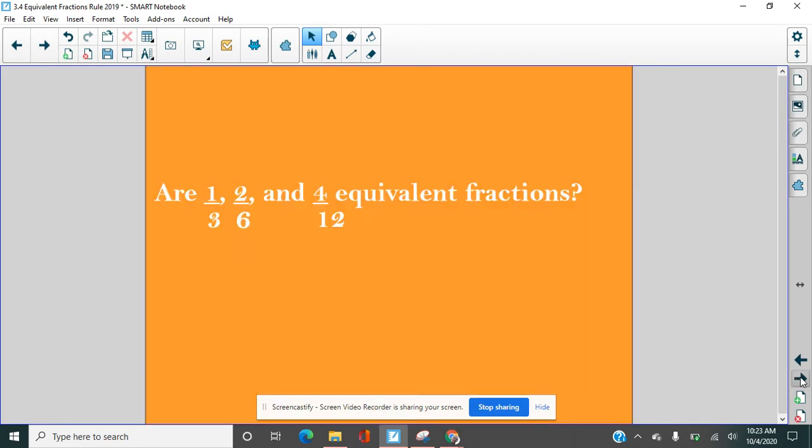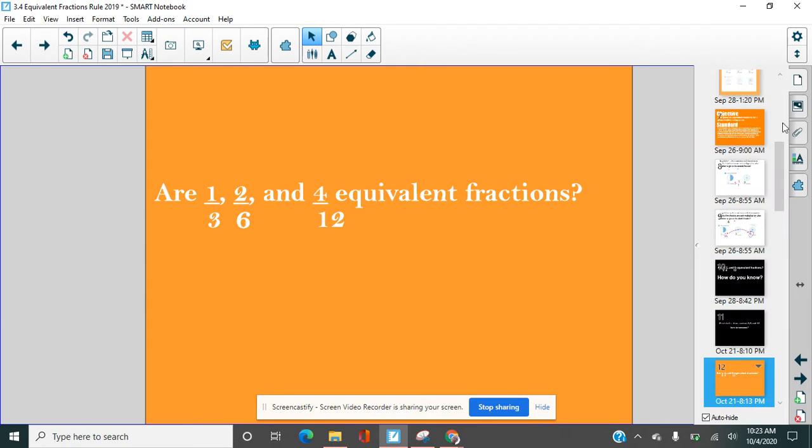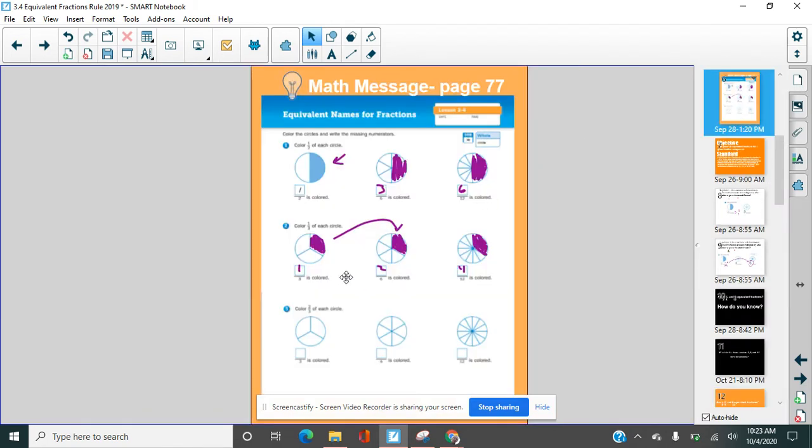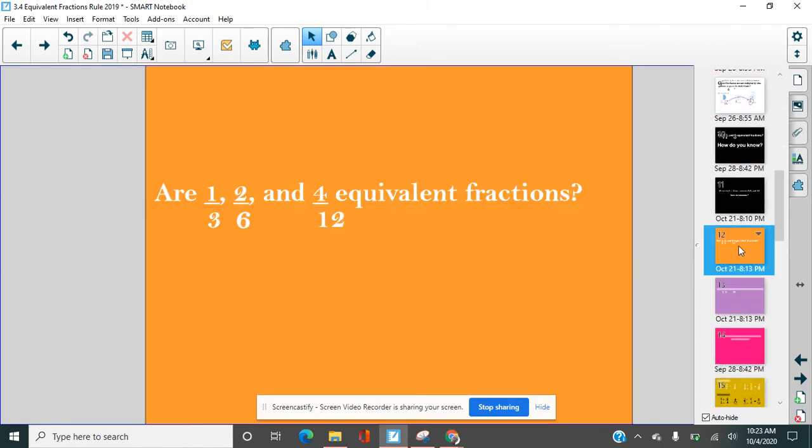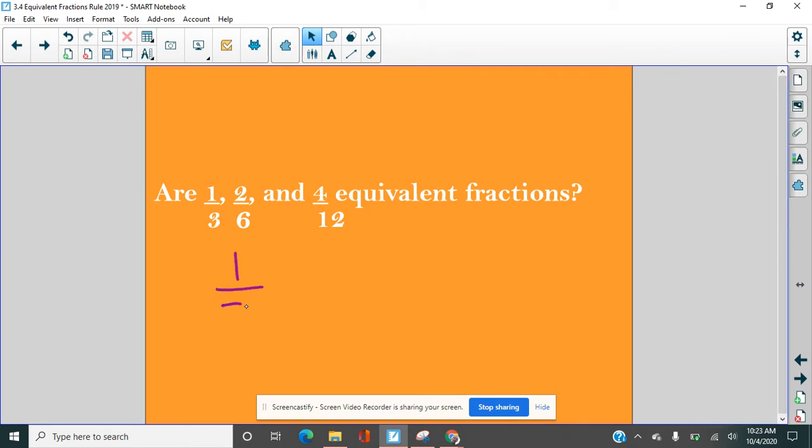Okay. Now, our next one, right? 1/3, 2/6, and 4/12. That was the second one back here. These are equivalent fractions too. Okay, and how do we know that? Well, we could color in the same amount. We could also use that little trick that we're talking about. All right, how to get from 1/3 to 2/6?